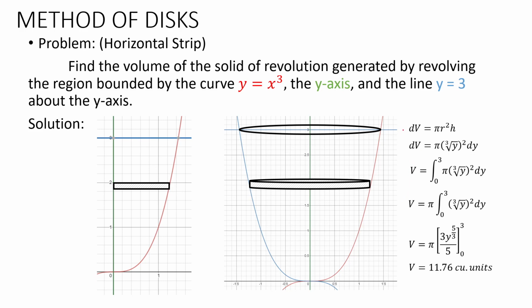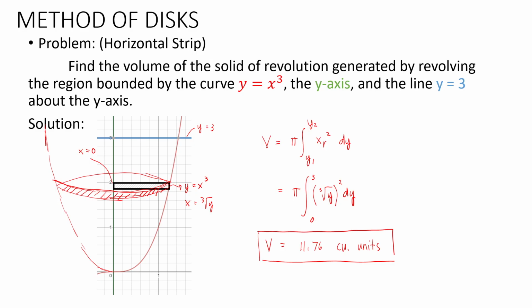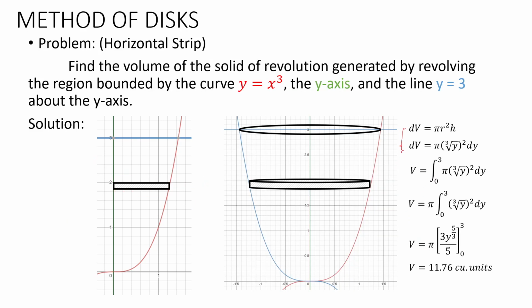This one is just for the sake of understanding the concept of the differential volume, and this leads to the equation itself. In your solution, write first the equation, then write the corresponding values for the variables, then the answer. You can use your calculator. So, 11.76 cubic units.